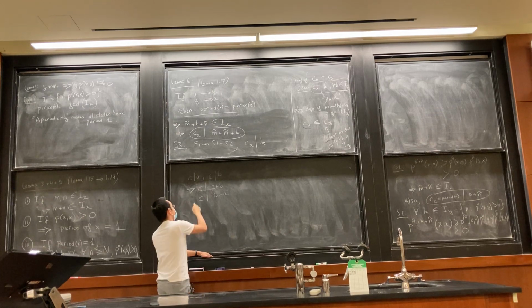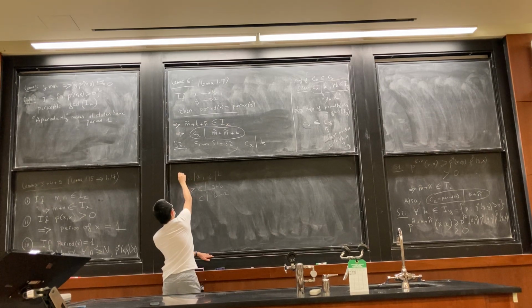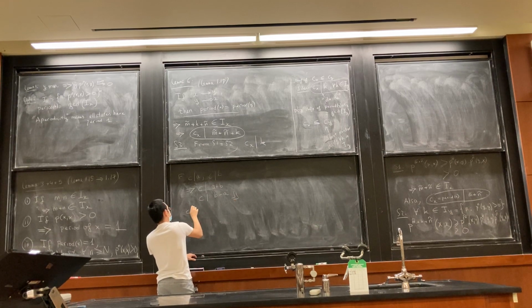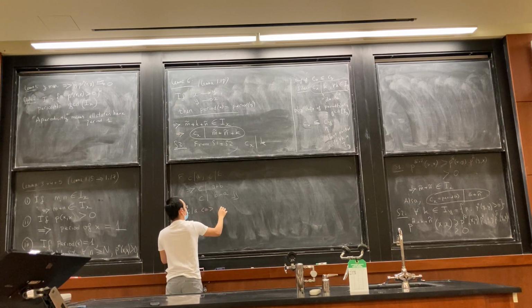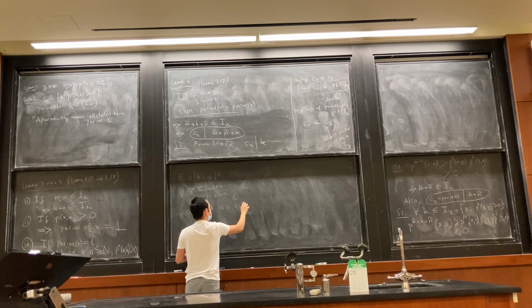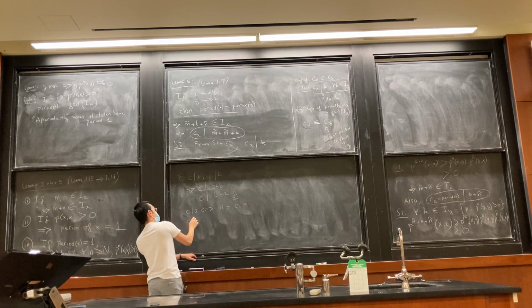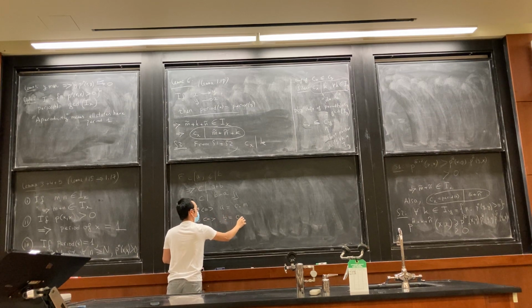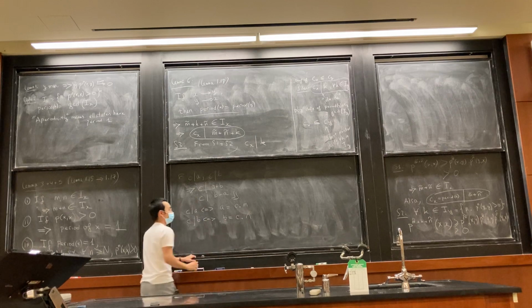This is because C divides A means A can be written as a product of C multiplied by an integer n. Similarly, C divides B is equivalent to B can be written as C times an integer m.